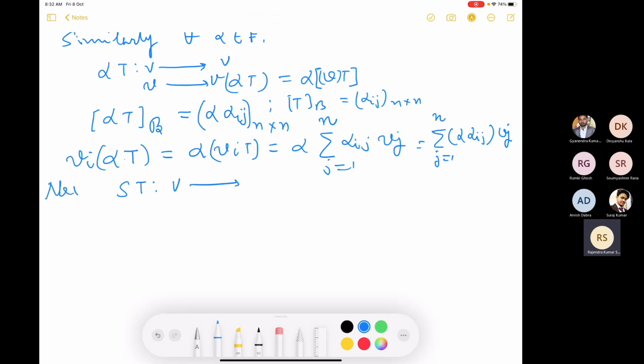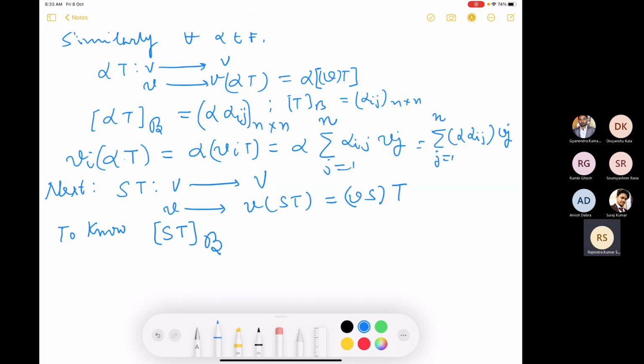Next is this. So this is also V to V. V goes to V under ST. How did we define it? We took S and then we took T. Now we want to know the matrix of ST with respect to the ordered basis, say B. So what do I have to know?